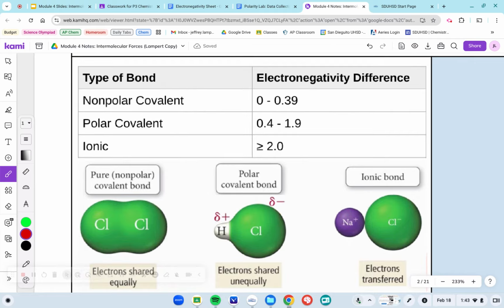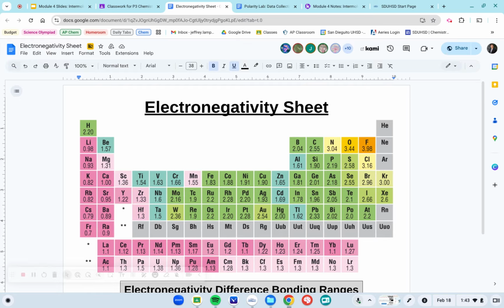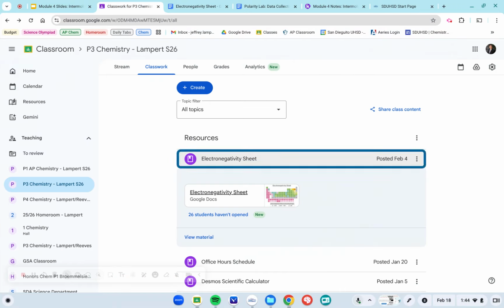Cool. All right. So just as a reminder, if we want to know whether a bond is polar, nonpolar, or ionic, we can figure it out by subtracting electronegativities. For example, if I was doing oxygen and fluorine, I could go to my electronegativity sheet that hopefully you pulled up before we started, and I would take oxygen's electronegativity and subtract fluorine's. When I do this, I get about 0.54, and then I check what range that falls in.